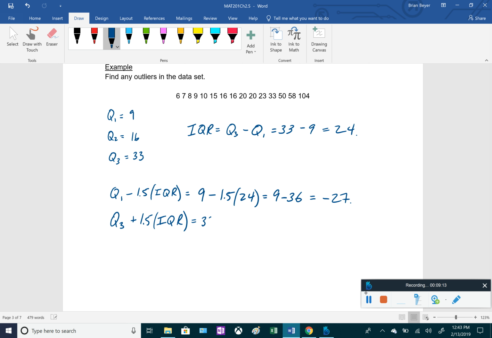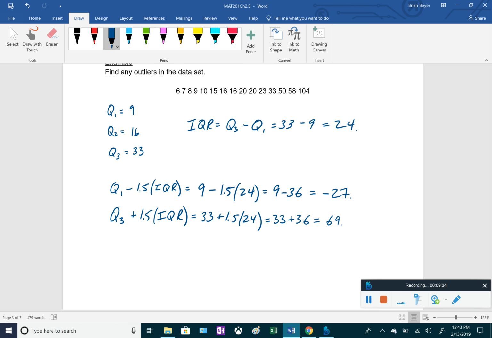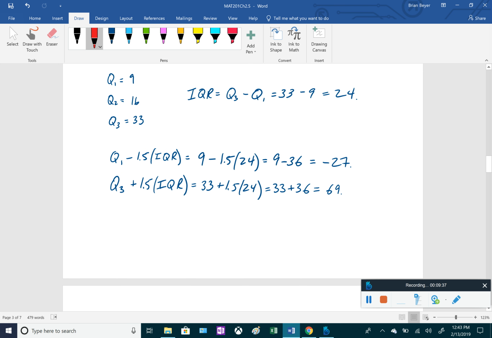So it's going to be 33 plus 36, which gives us 69. Okay, so what this means is that any value less than negative 27 or greater than 69 in the data set is going to be an outlier.